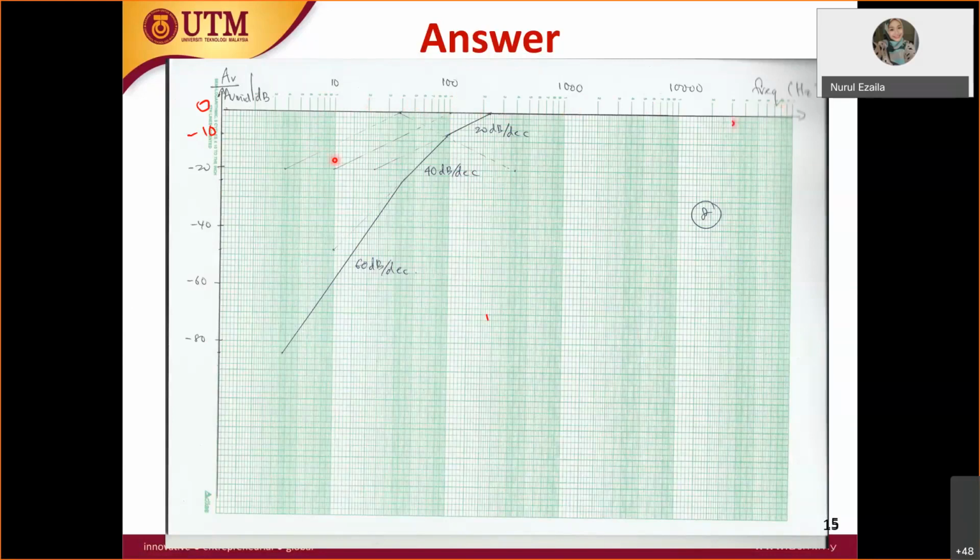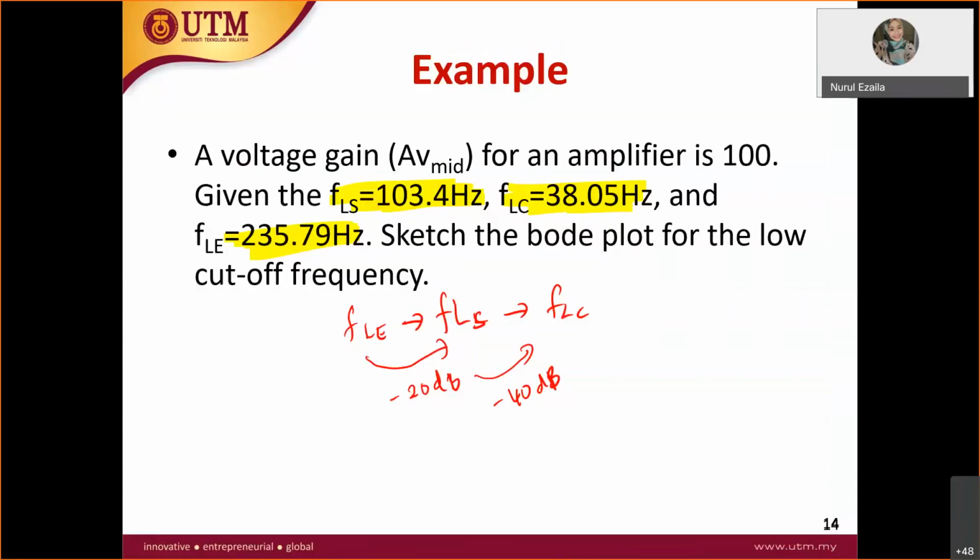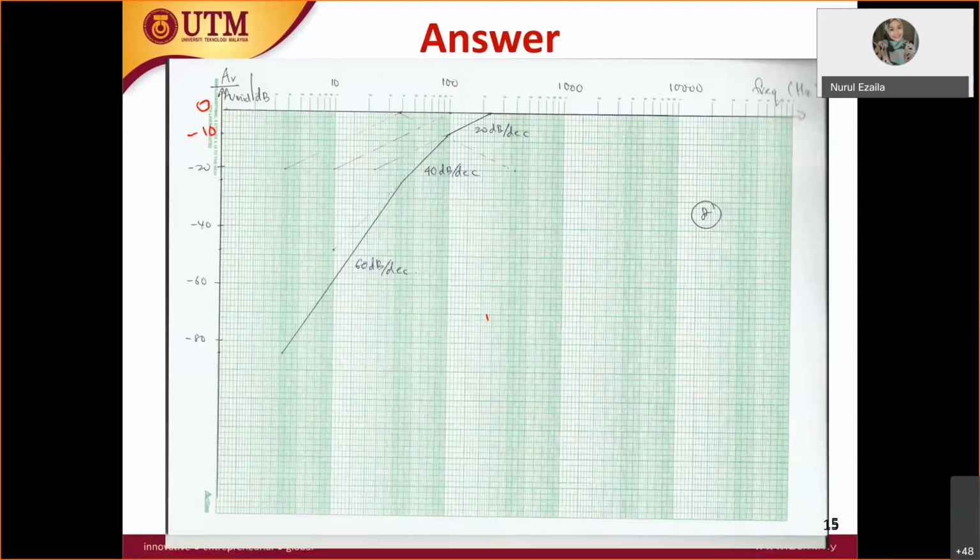So your first value is 23579. This is your starting point here, 23579. This 23579 will be dropped by 1 decade by 20 dB.